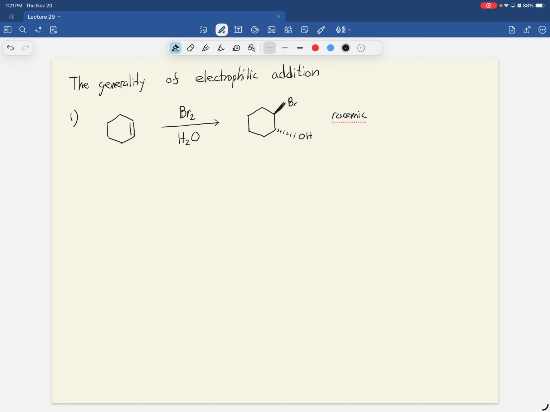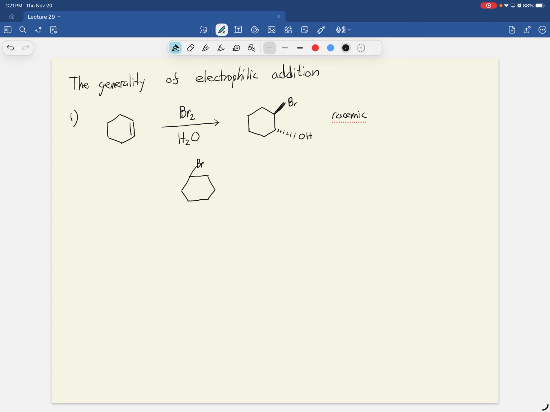So you get the other enantiomer as well. All right, but let's go over why does water attack anyway? So you pretty much have the same intermediate here.